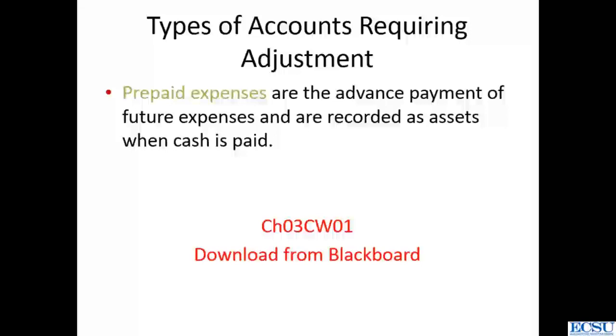Supposing I'm closing my books of accounts on the 15th of January, that means only half of January's rent has been expensed. So I'll be considering only $500 as an expense. The remaining $2,500 will be considered as an asset, because it is something we paid in advance.